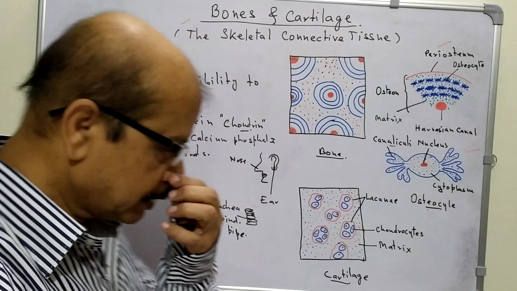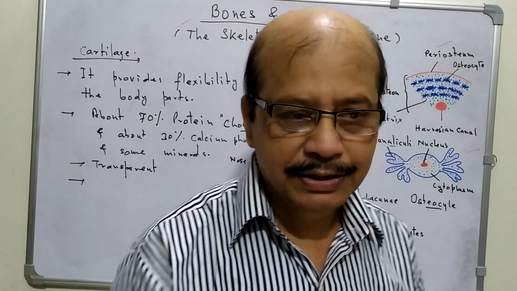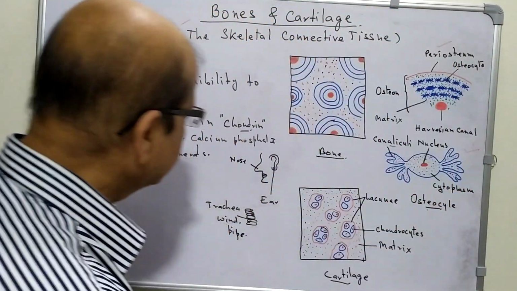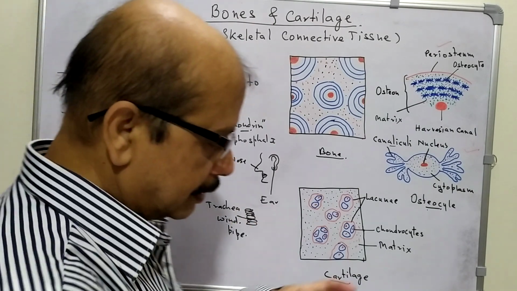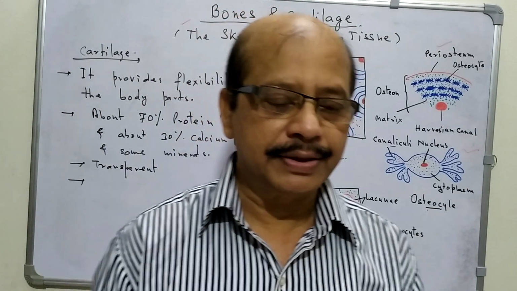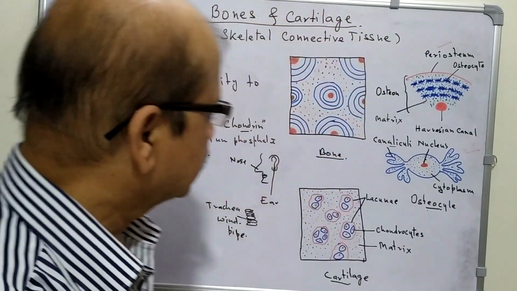So they provide flexibility to these body parts. Your ear pinna is flexible, your nose is flexible. You can't see the trachea, but it is flexible because of the presence of cartilage. In the trachea, the pipe is always open, otherwise it would stick and the air would not pass.